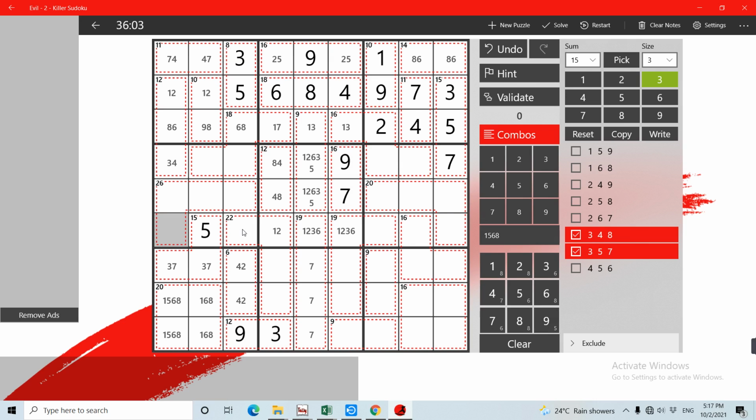Which means these two spots are going to be 7. And this is the only spot available for 7. This is the only spot available for 9.